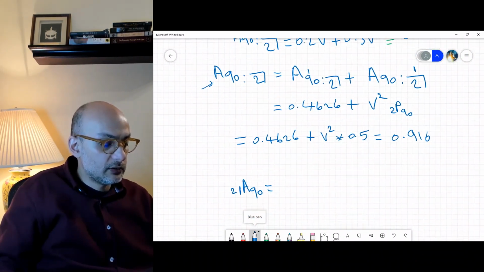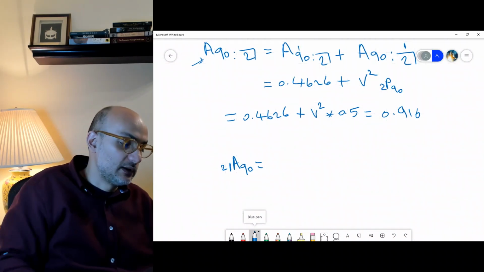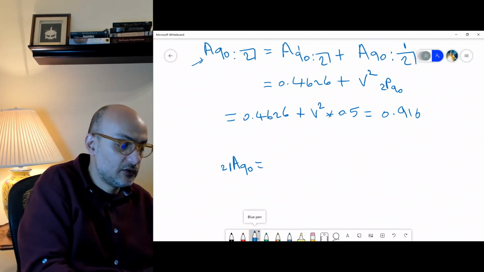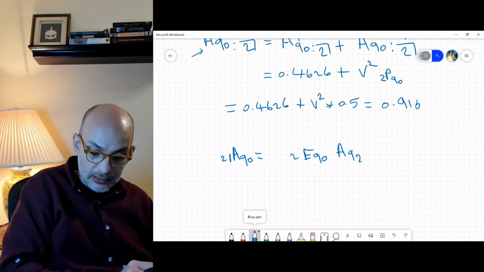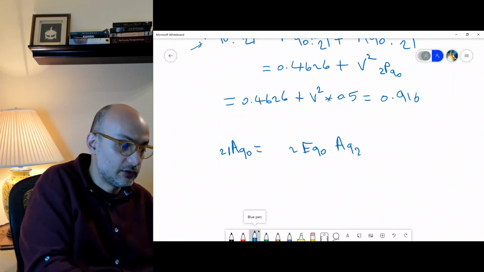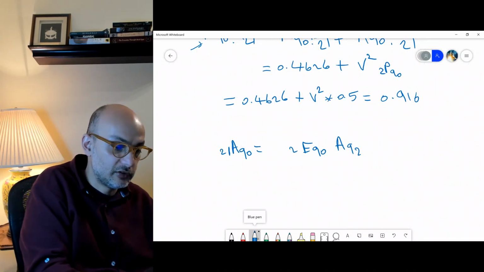Let's do it the easy way. You take A92 and then multiply it by 2E90. Not the easy way, but one way. And the other way is, you can do this one because we have the 2E90, which is already here.